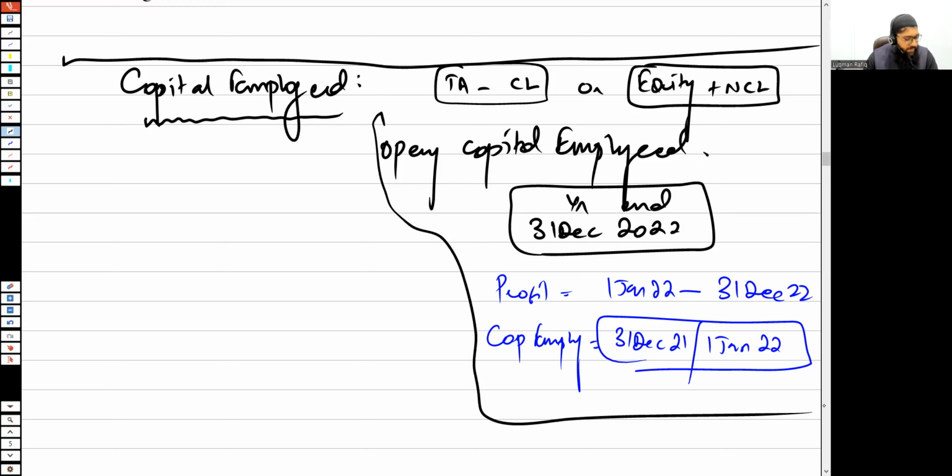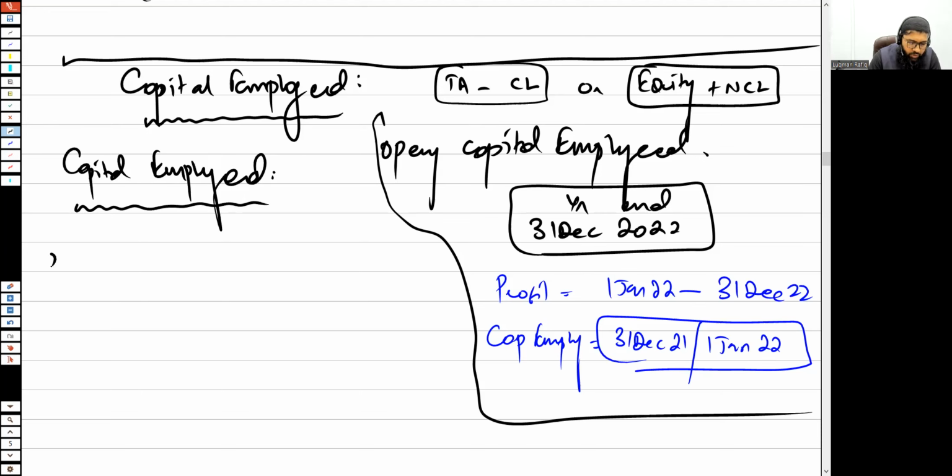Now let's move a bit forward and discuss further. When we talk about the capital employed calculation, you would do it as per the SOFP, the balance sheet. As per the balance sheet, you will pick up the opening figure and then do all the adjustments.